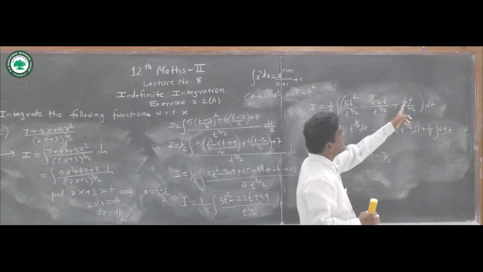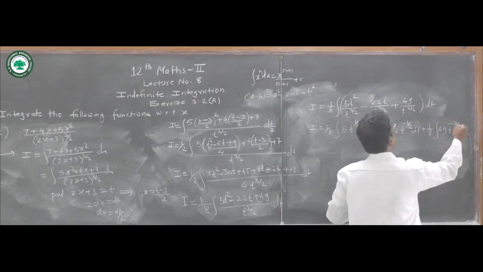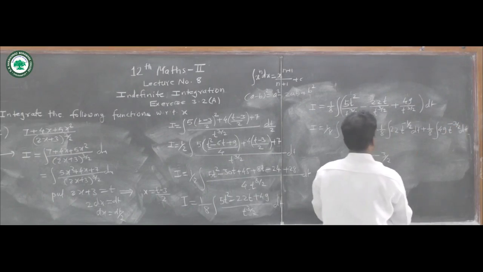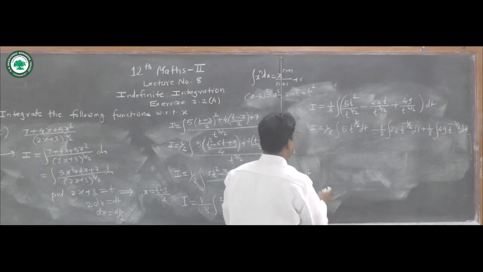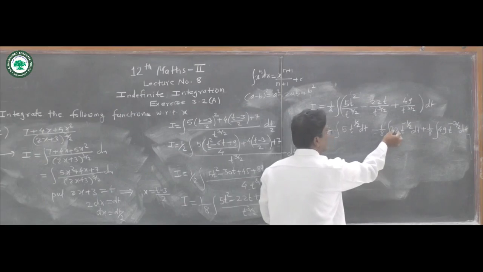On the numerator there is no term of t, so we write here t to the power minus 3 by 2 dt.